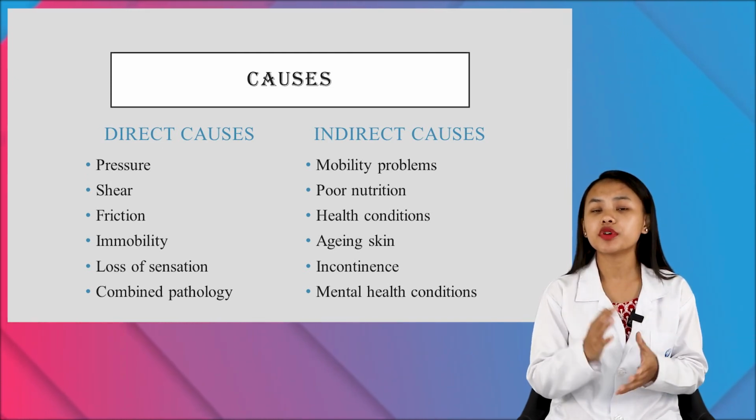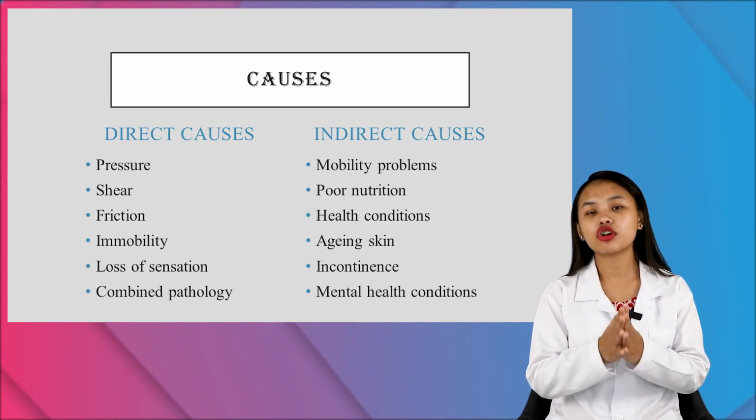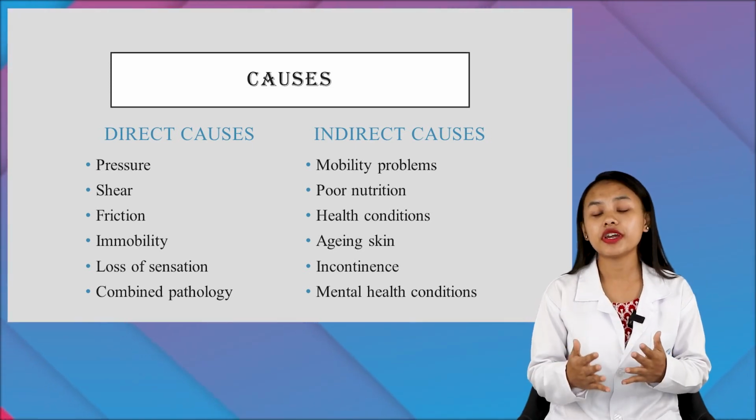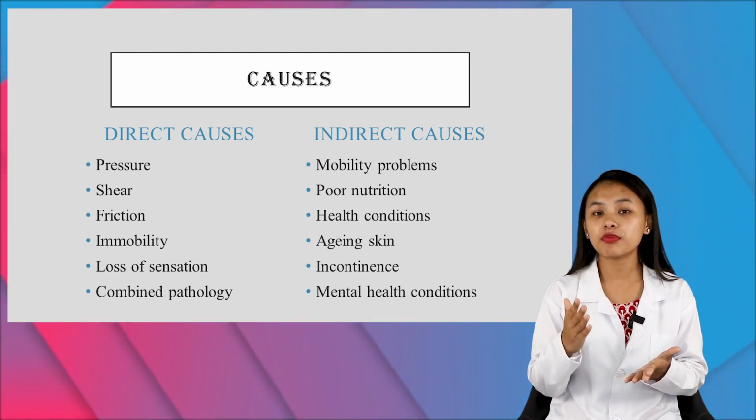So if a person is immobile, that is, if he or she is not able to move or change his or her position, if there is loss of sensation, if there is friction and shear motion, if a person is constantly pressurizing the same pressure points, as well as combined pathology, these can lead one to develop this decubitus ulcer.